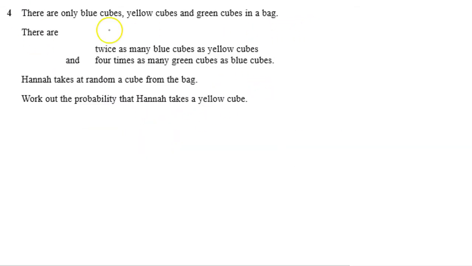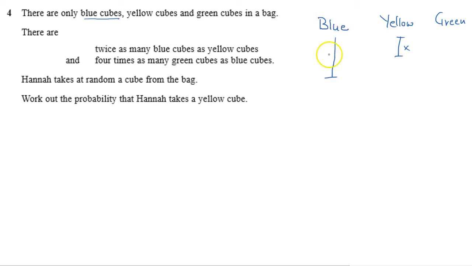Question number 4. There are only blue cubes, yellow cubes, and green cubes in a bag. There are twice as many blue cubes as yellow. Suppose yellow is x.